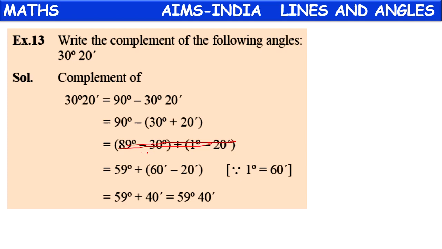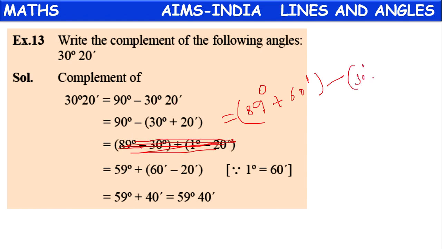Instead of this step, children, we can write this step directly. This 90 degrees can be written as 89 degrees plus 60 minutes minus 30 degrees plus 20 minutes.